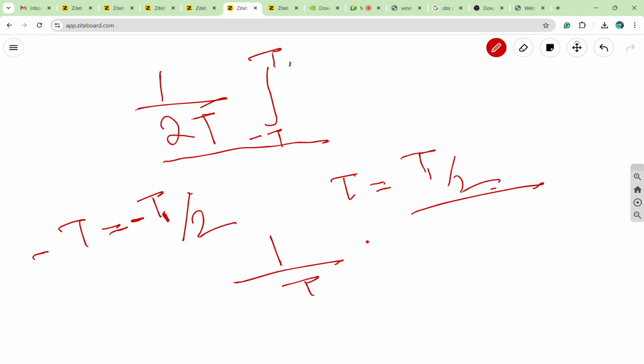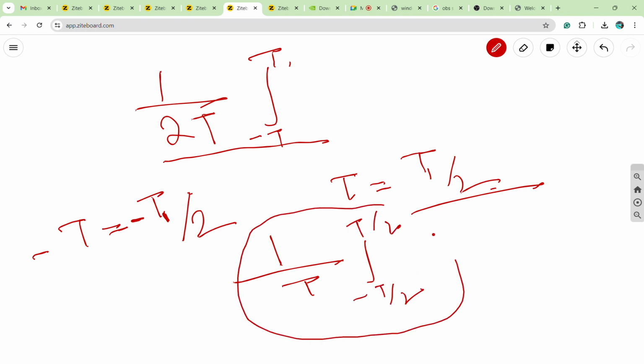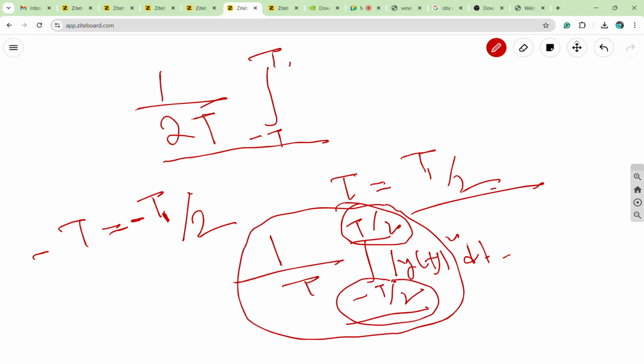Otherwise you can write it like this: 1 by t, from minus t by 2 to t by 2. The limits will only change, nothing else, the same signal. Okay, sir. Because we will change the integration limit also at that time, and the same thing, limit t tends to infinity. Yes, sir.